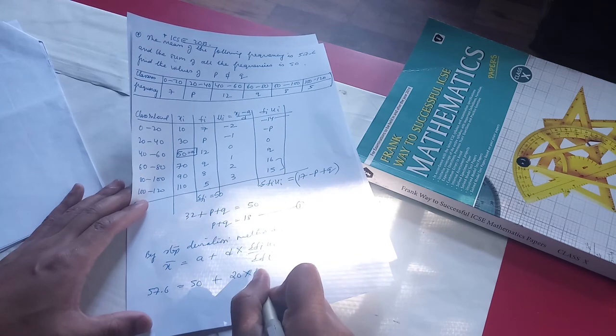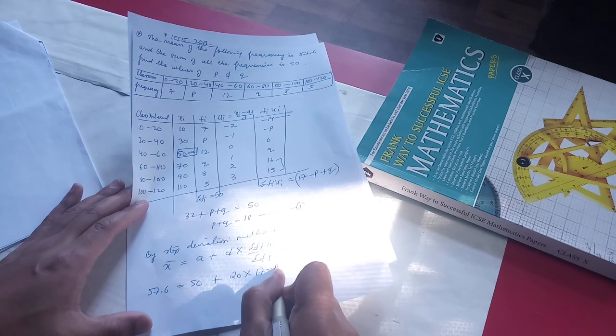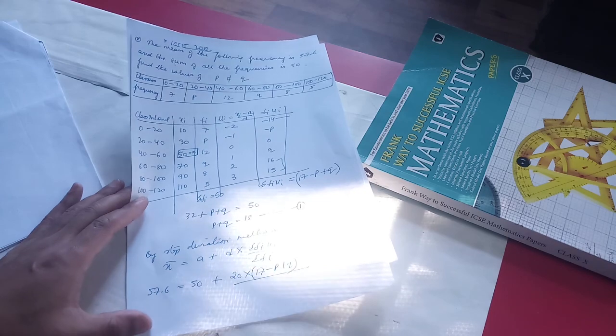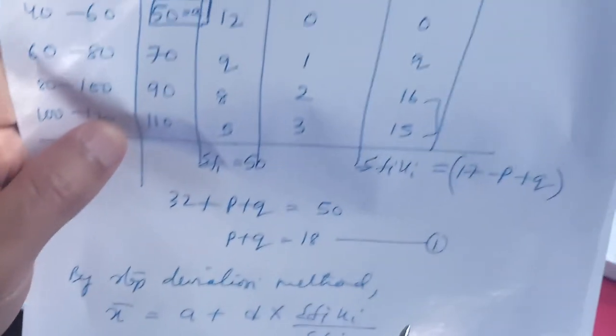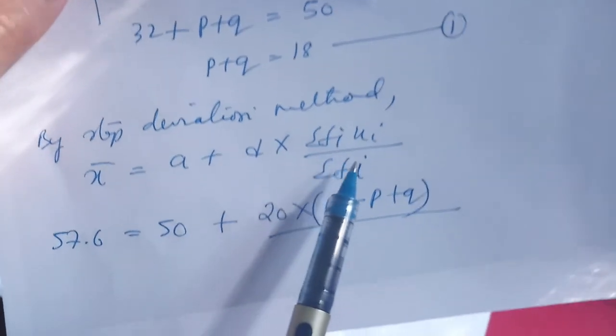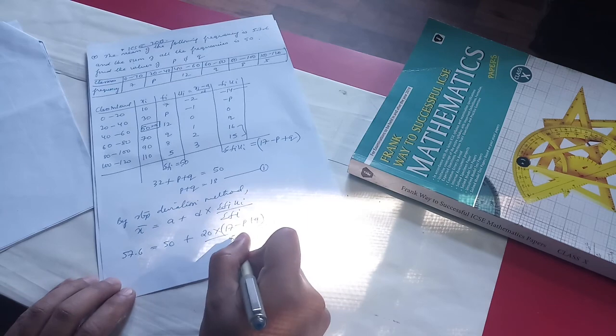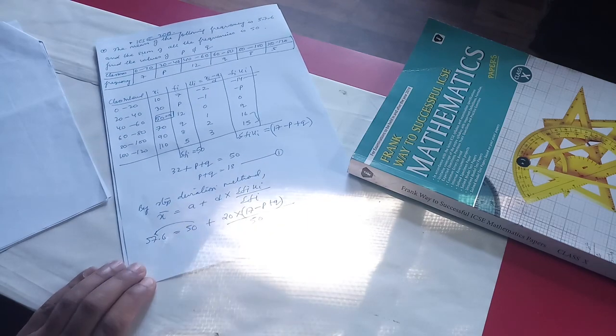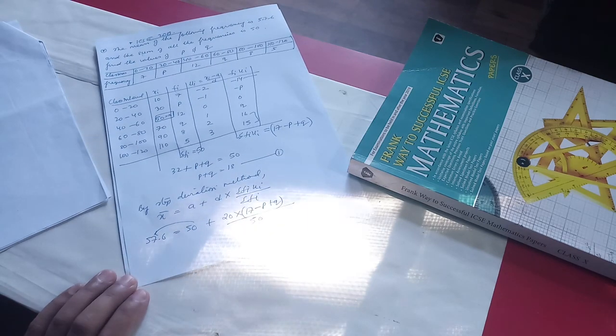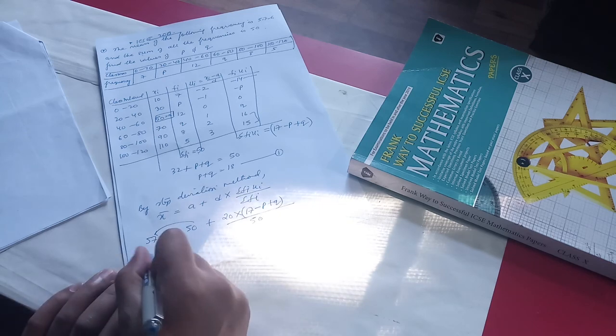What is your class size? 20. What is summation FIUI? Minus 17 minus P plus Q, upon. Now what is your summation Fi? Here you have to put 50 because it is already given, 50. Alright. So this will come here and you will subtract 57.6 minus 50 is 7.6.